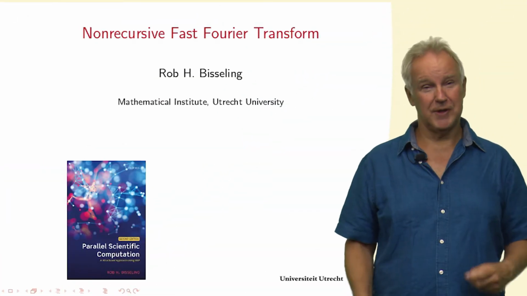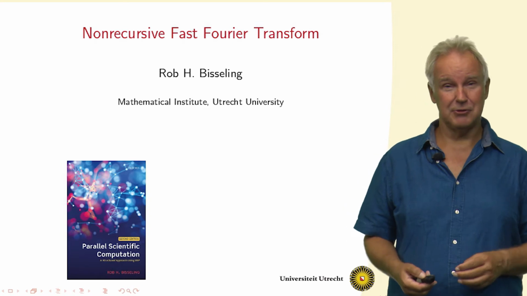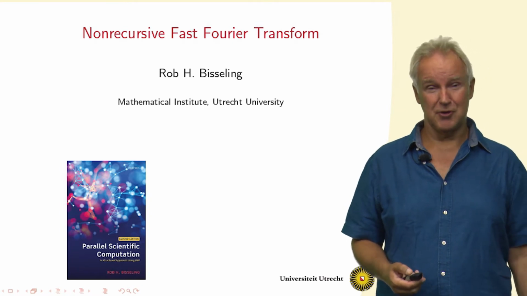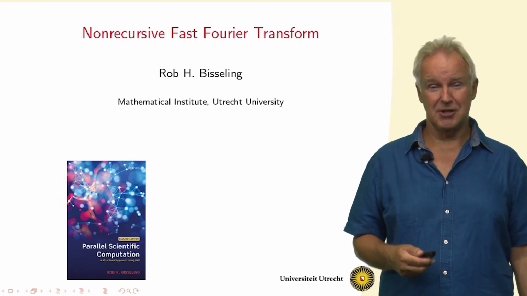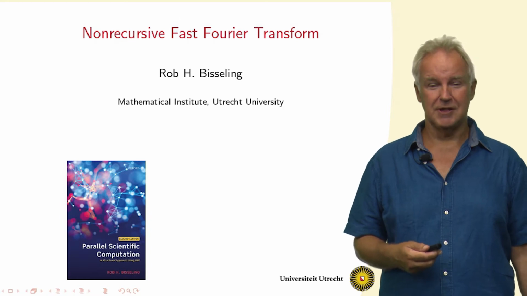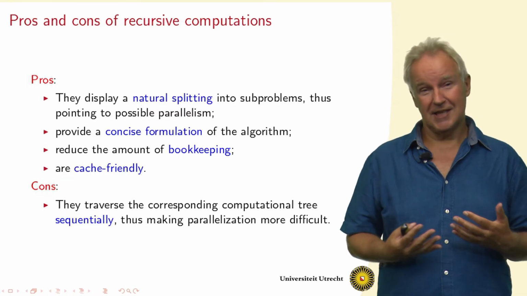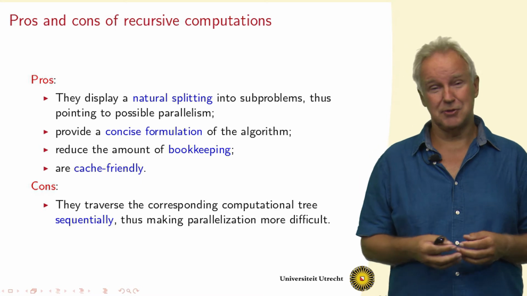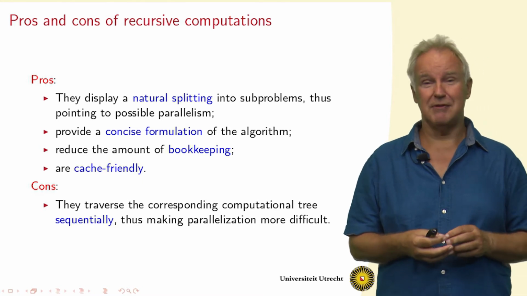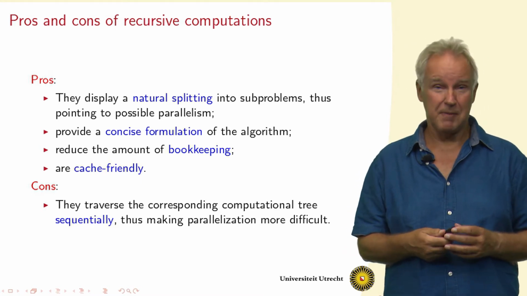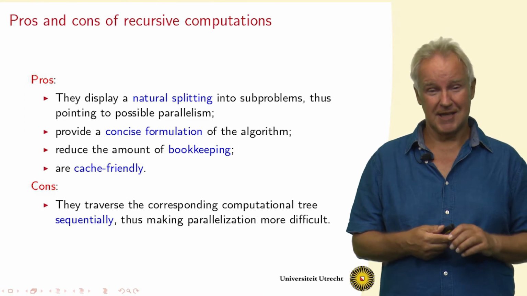In this video, we're going to see a different algorithm for the fast Fourier transform, an algorithm that's not based on recursion. So recursion is advantageous because it gives a natural splitting of the problem into partial problems.